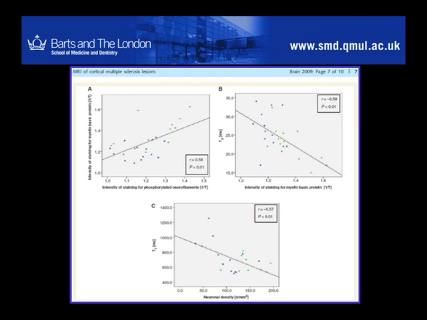And then you can do more experiments to try and quantify changes in the cortex, such as what we did here, to look at the actual number of nerve cells, whether any of these measures correlate with that. This is, for example, a pyramidal cell, a motor neuron cell.